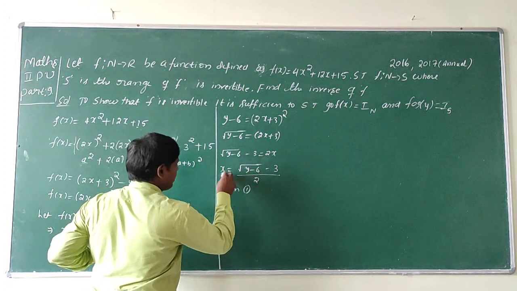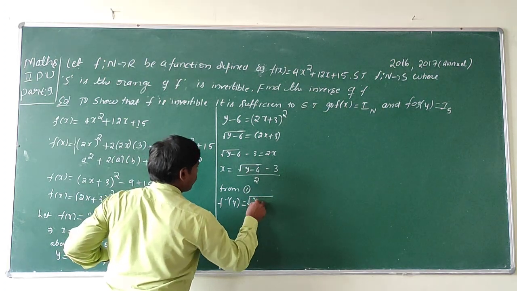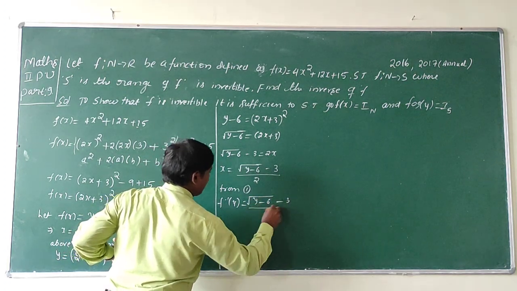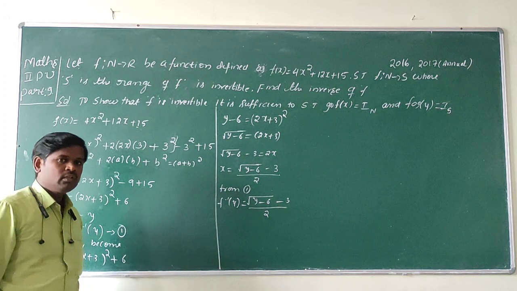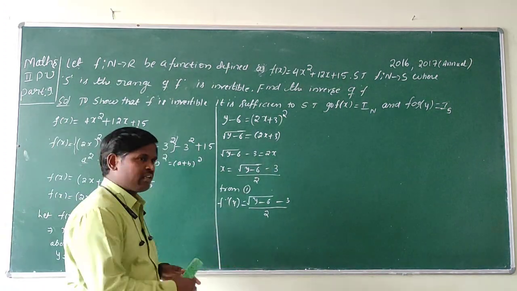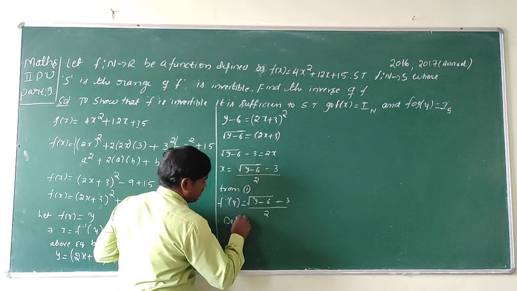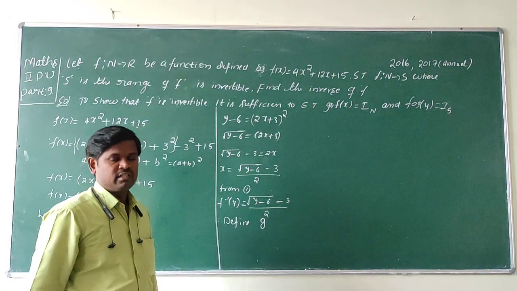From 1, f inverse of y is equal to root of y minus 6 minus 3 divided by 2. We are just defining another function, f inverse of y. So define another function g, the inverse of f.